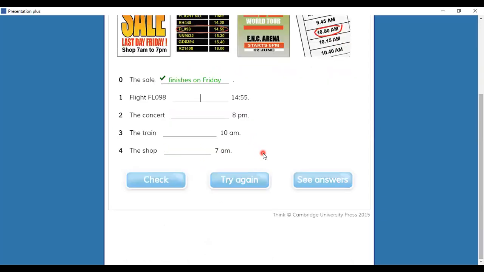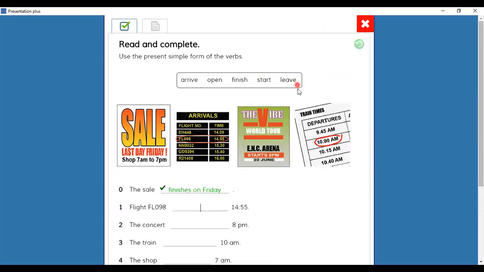So how would you complete this? We have the verbs on the top: arrive, open, finish, start, and leave. Sería arrive. Yes, it would be arrives.